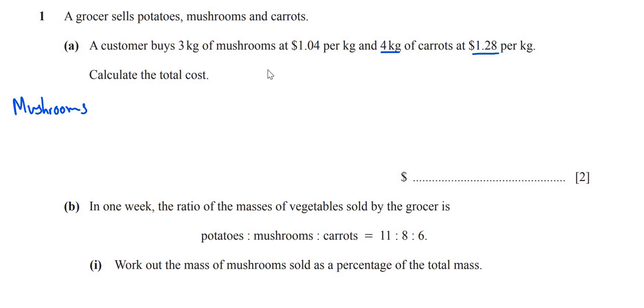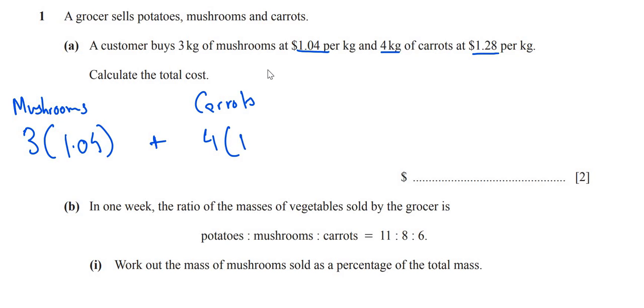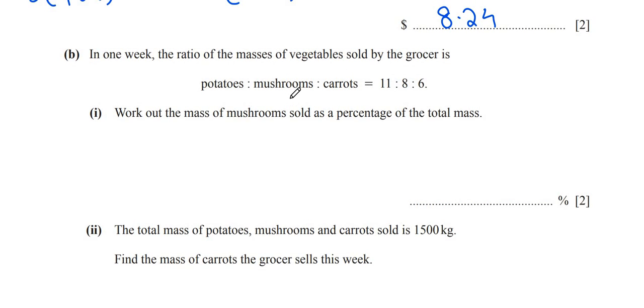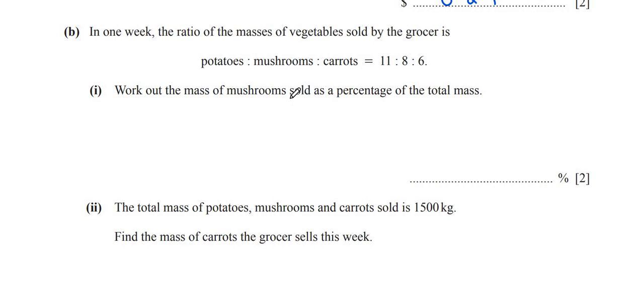You bought 3 kgs and the price of 1 kg is 1.04, and then you will add it with the price of carrots. You bought 4 kgs of carrots and the price of each kg is 1.28, so the total cost is $8.24.